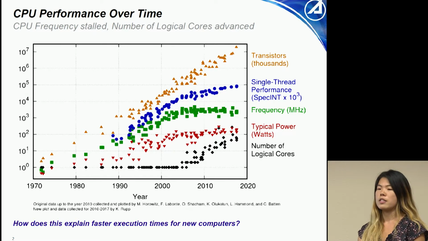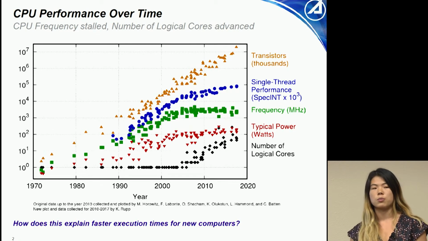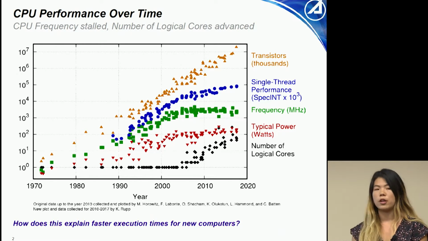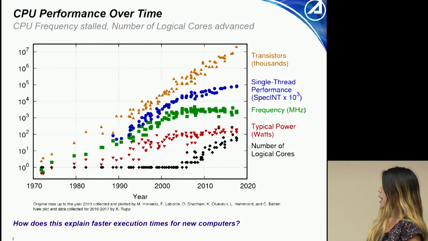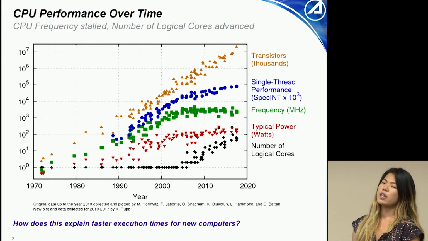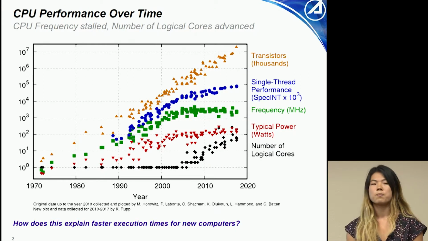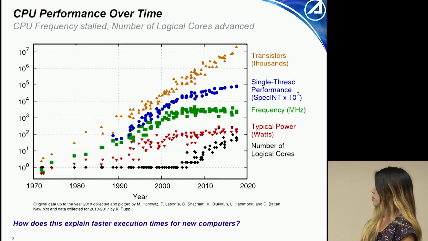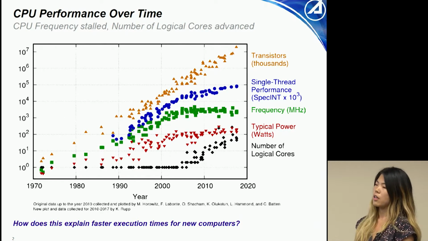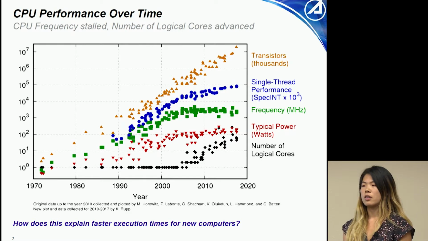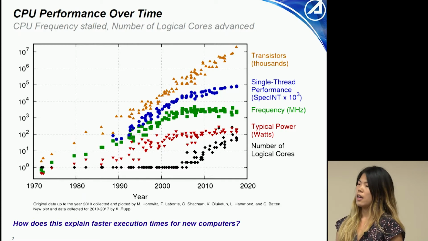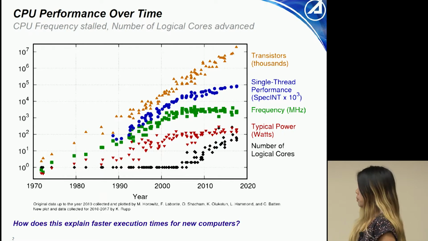And this probably explains the increase in performance of computers, at least during that time period. However, after the mid-2000s, it looks like power and frequency both level off. So what then explains the increase in performance? The answer is parallelization. As you can see, the number of logical cores has been steadily increasing since the mid-2000s, and this means that computers can operate on multiple CPUs at once in parallel, and thus increase their throughput.